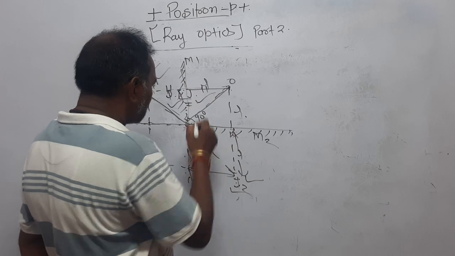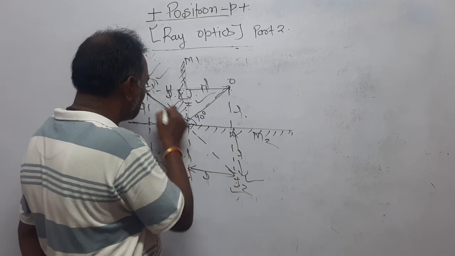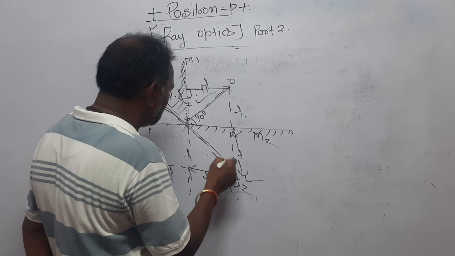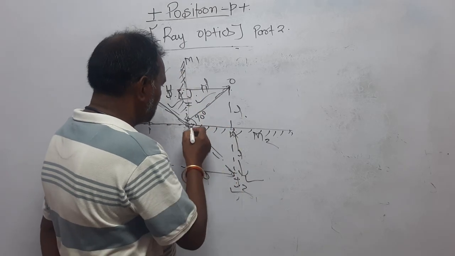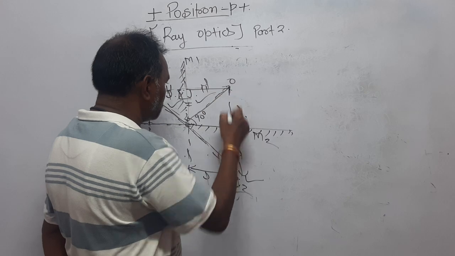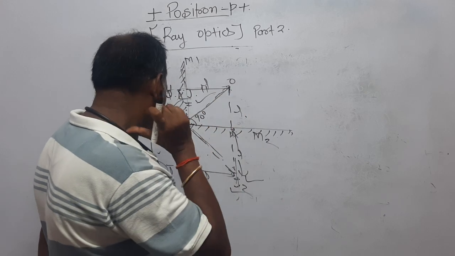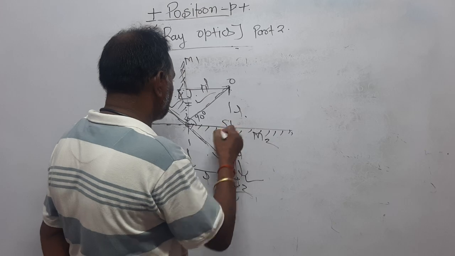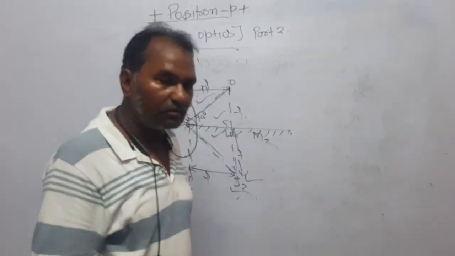Now consider these two. Look here, dear students, in these two, this is 90 degrees, this is 90. These are the two triangles I am considering now.